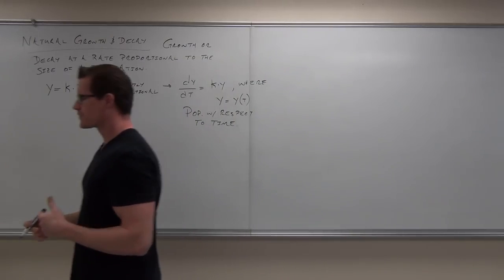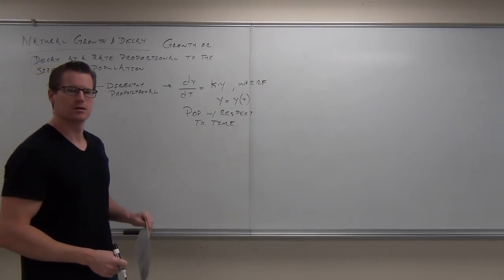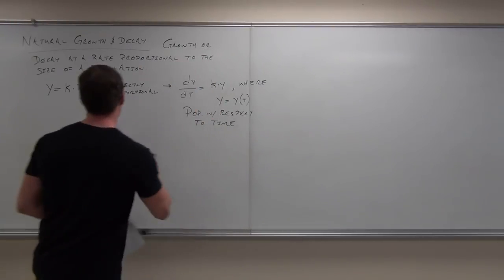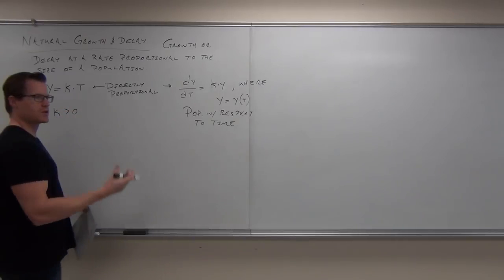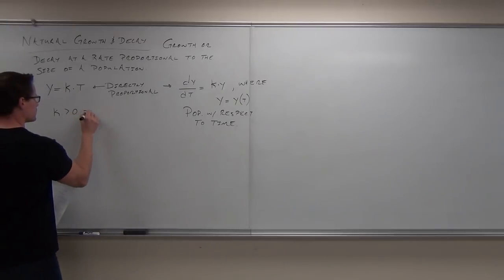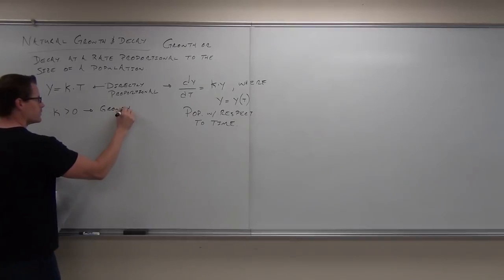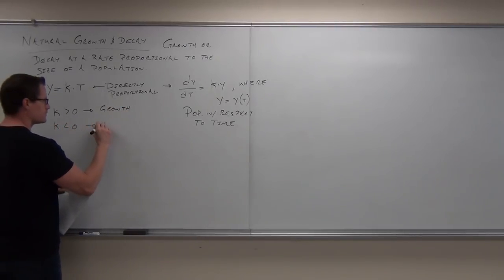Now, what if k is positive? What's going to happen? Is our population going to grow or decay? So for k greater than 0, this is going to be population growth. Well, naturally, if k is less than 0, we're going to get decay.